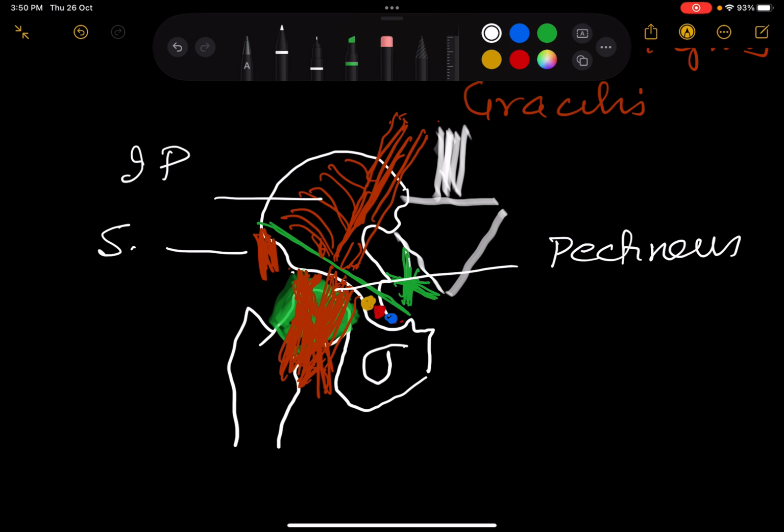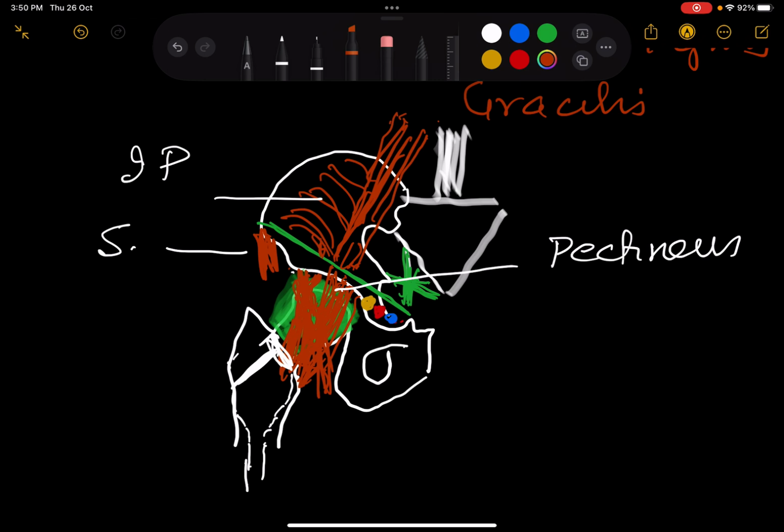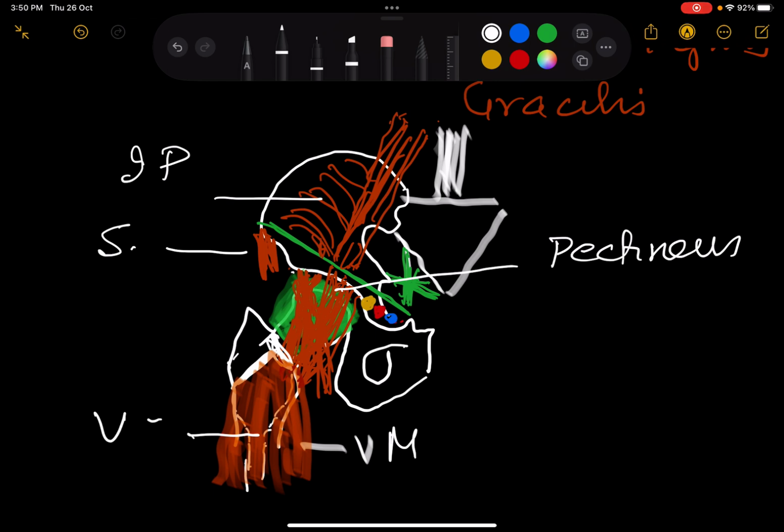And from the intertrochanteric line and the spiral line here, which goes into the intertrochanteric crest and the lateral spiral line, which goes into the linea aspera, you have the origin of a huge muscle, which is the vastus medialis, vastus intermedius, and vastus lateralis.